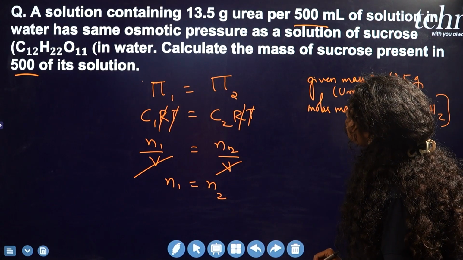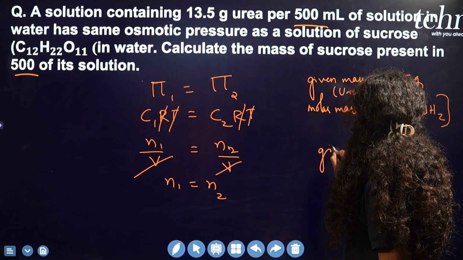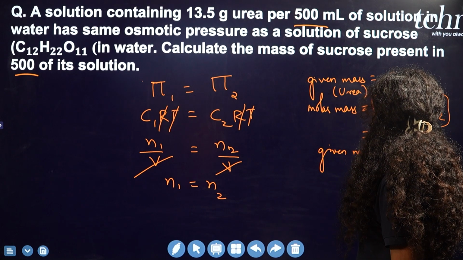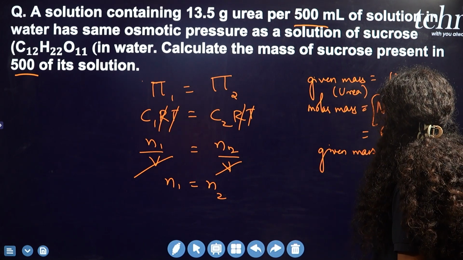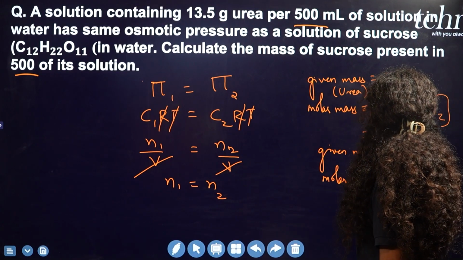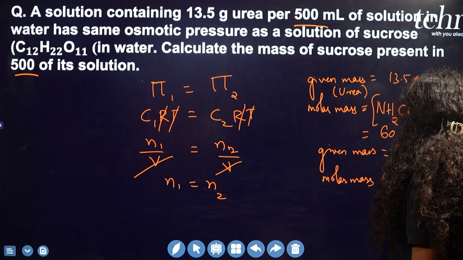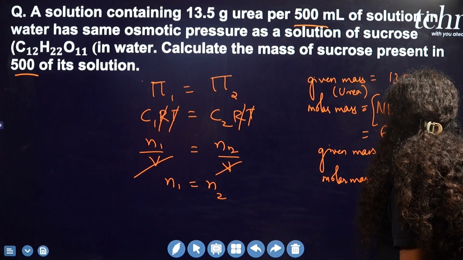Next, with the case of sucrose, we have to calculate the given mass and the molar mass of sucrose. What is the molecular formula? C12H22O11. How are we going to calculate the molar mass?